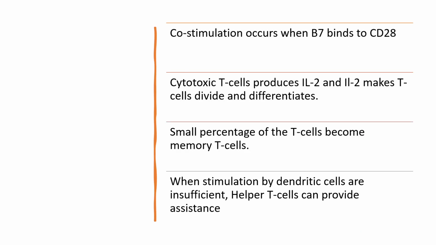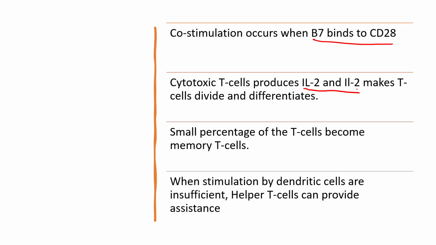Co-stimulation occurs when B7 binds to CD28, like in our previous activations. Cytotoxic T cells produce IL-2, and IL-2 makes T cells divide and differentiate. If you remember, IL-2 is also produced by our helper T cells.